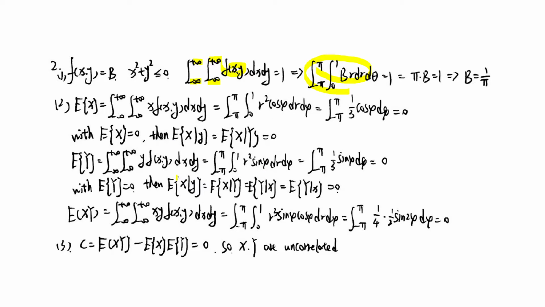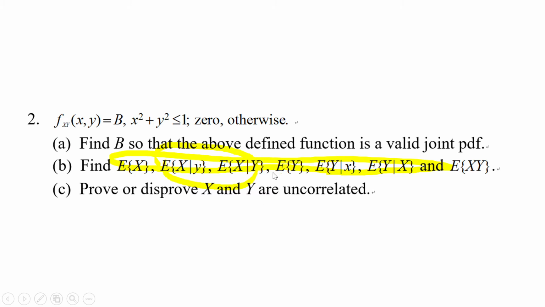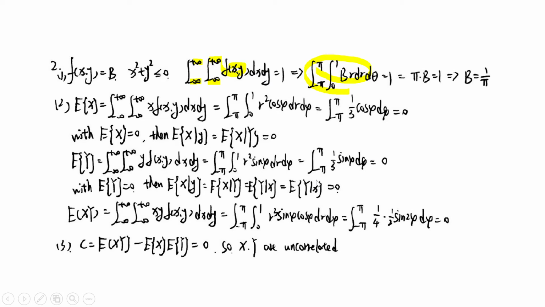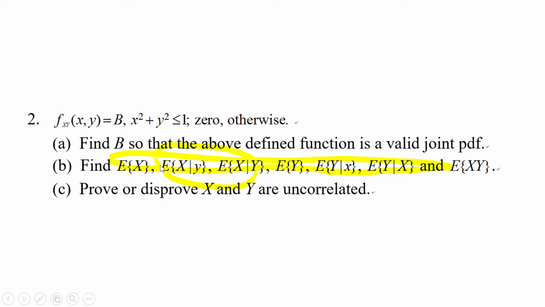And then we need to calculate E[Y] here. By applying the definition, just like what we did in the calculation of E[X], E[Y] is also equal to 0. So the rest of these 3 are also equal to 0. So all these 6 expected values are equal to 0.